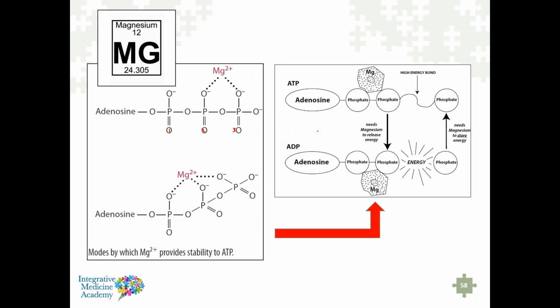Now it's interesting, there are other minerals that can be important in stabilization of cell function. Magnesium is not considered an antioxidant per se. Magnesium is really important in the cell, particularly in the mitochondria, because what it does is help to stabilize ATP that gets produced through the ATP synthase in the matrix of the mitochondria.